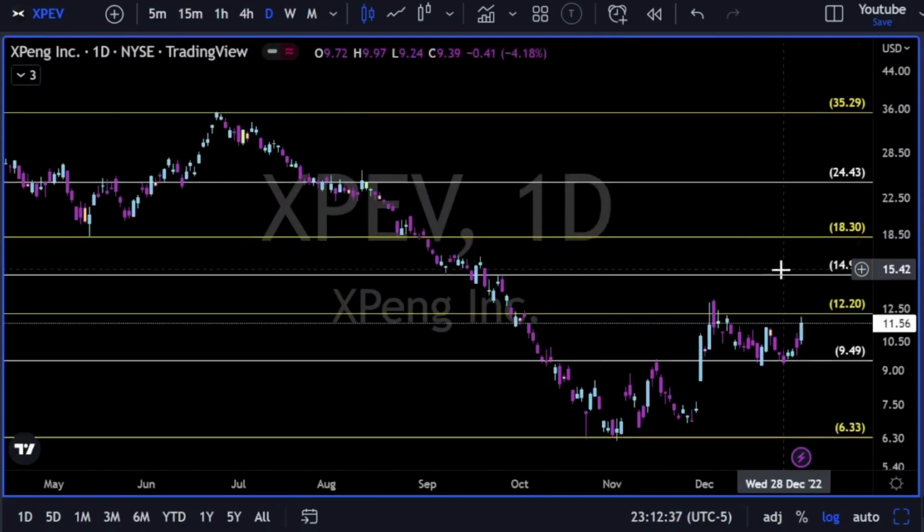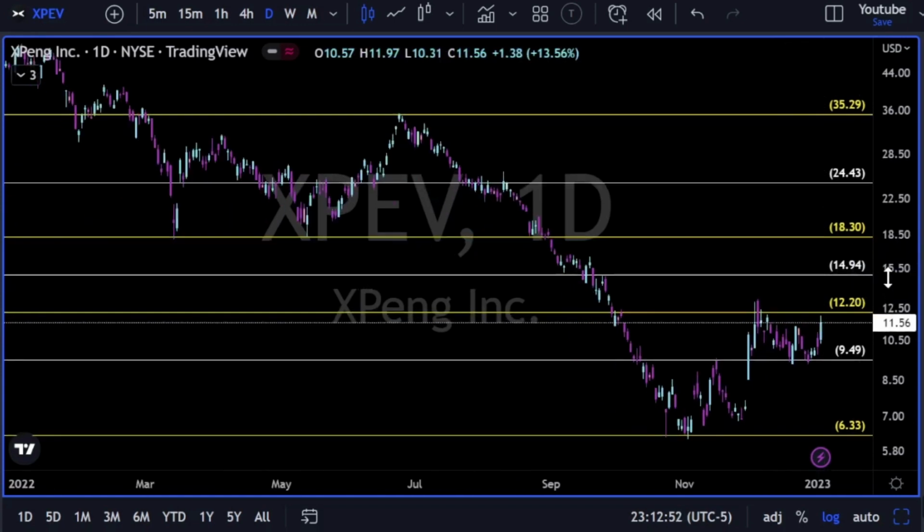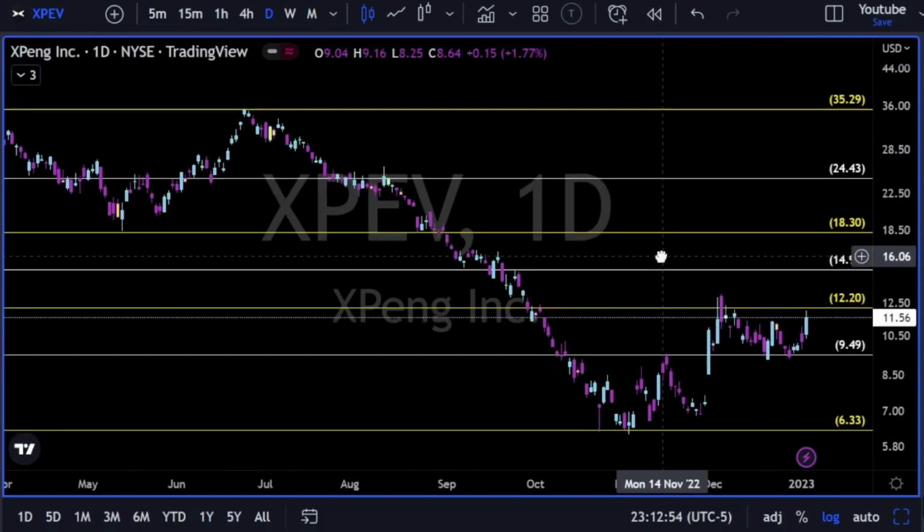XPEV, Chinese EV company, a very good car, very nice car. As you all know, I've been living in China for the past 12 years. XPEV and NIO are ruling the streets here.